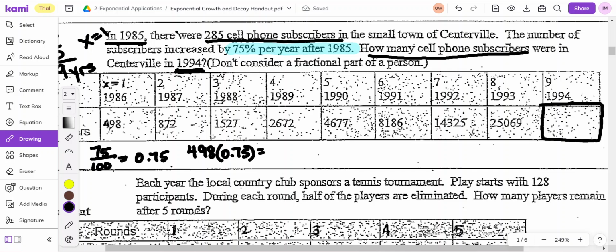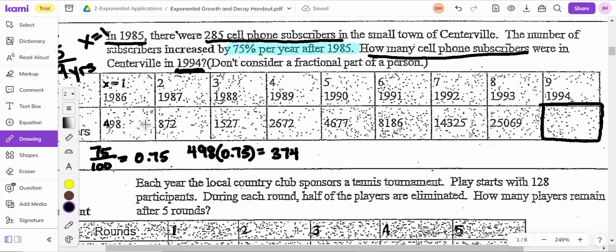And you have to make sure that you round it correctly. 373.5, 374, since we're talking about humans, correct? All right, so 75% is 374.